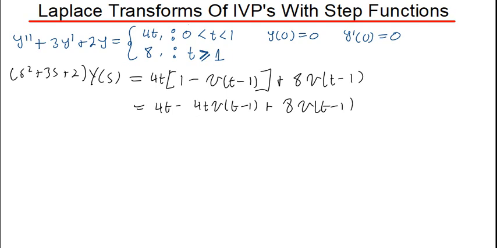So the only part that needs the correct shifting is the middle part. Here you're going to have 4t minus 4, so where there is t, I'll put t minus 1 plus 1, then u of t minus 1, plus 8 u of t minus 1.